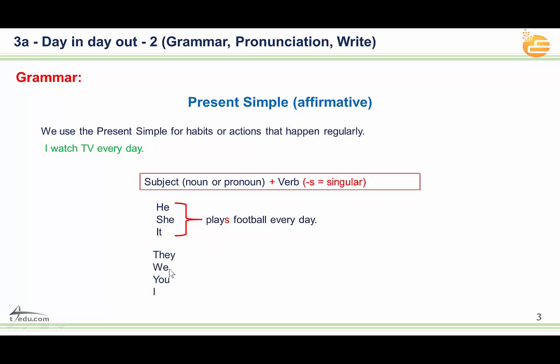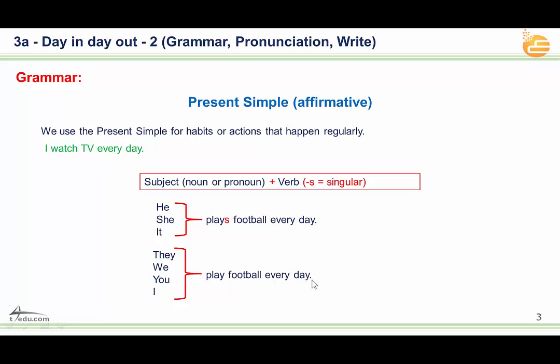With they, we, you, I, we have to say play. So if it's not singular, we don't put s. No s with the plural, just like they, we, you, I, the boys, the teachers, the students. So if I have 10 students, I will say play football every day.